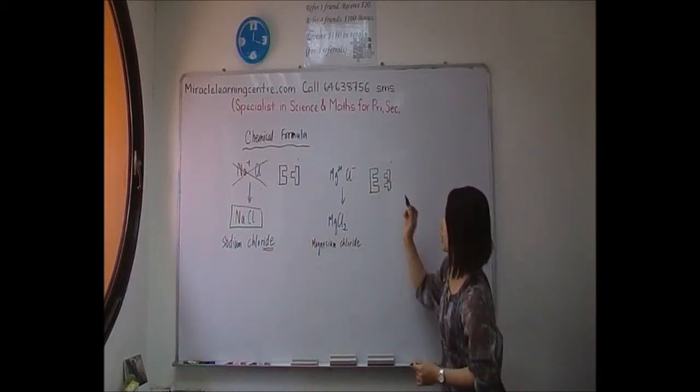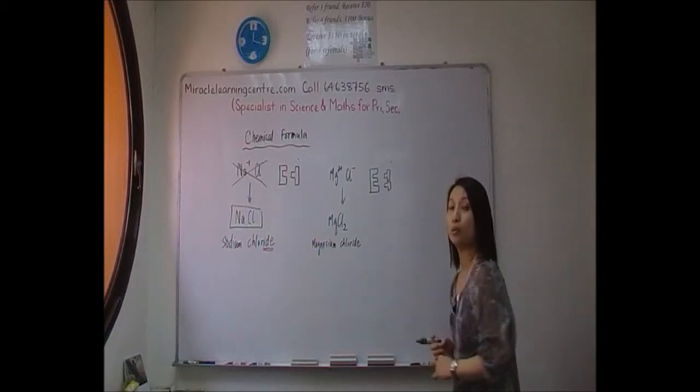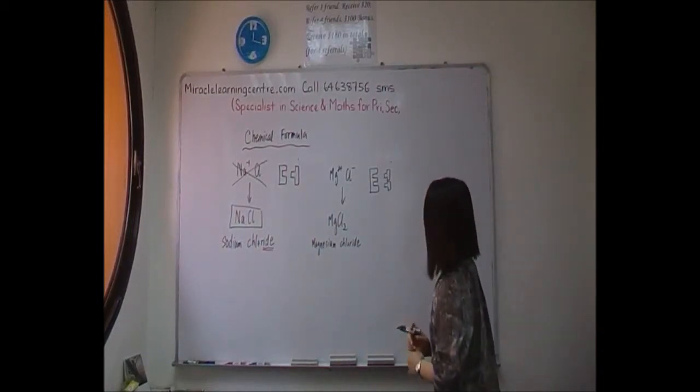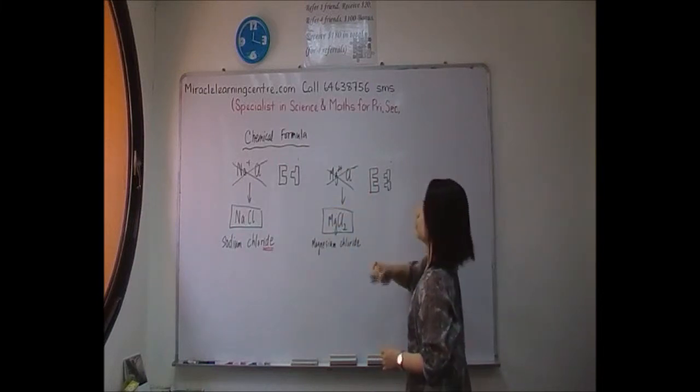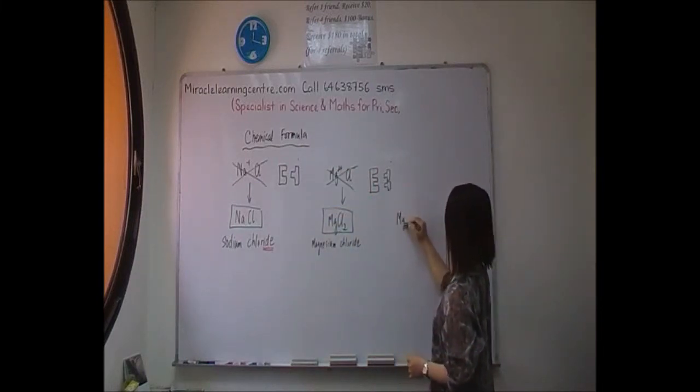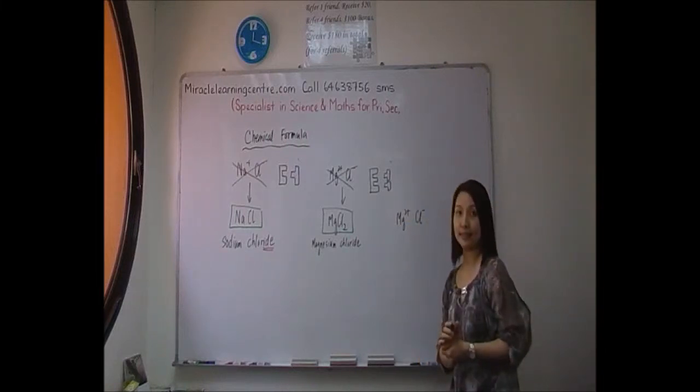But if you have to draw this every time, it will be too troublesome. So how do you write a chemical formula? You remember, this is the answer, right? You always write the positive one in front and the negative one behind.